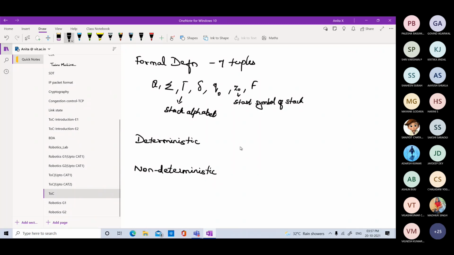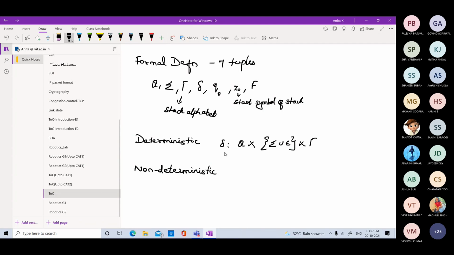In the case of deterministic push-down automata, the transition function will have state cross sigma, and here epsilon will also be included, right? Cross, so here we'll also have the stack alphabet.